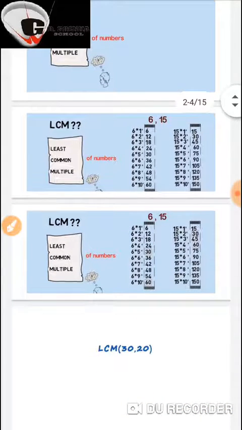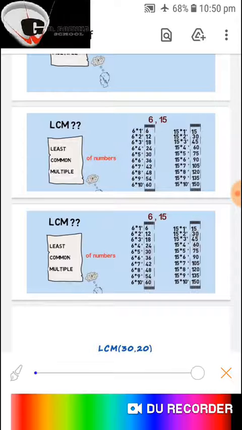Now, what is a common multiple? For that, let us take an example that is here on the screen. Let us take number 6 and number 15, and let us take the multiples of 6 and 15 up to 10. Now, you can see the number 30 is a multiple of 6 and this number 30 is also a multiple of 15.